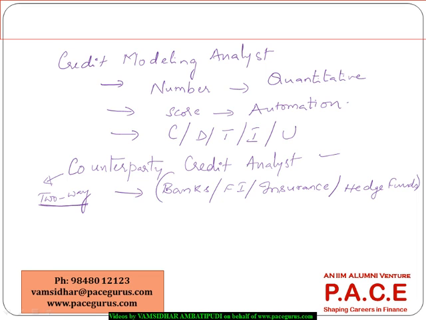So that is where the counterparty risk comes into the picture, and the counterparty credit analyst role involves analyzing the counterparty with which these bilateral transactions are going to happen.